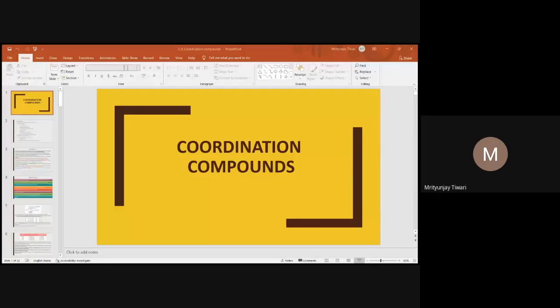This metal ion will be bound by some other ions or neutral molecules, and the entire thing is called a coordination entity. In that coordination entity, there is a central atom, the atom which is bound to many different entities called ligands.